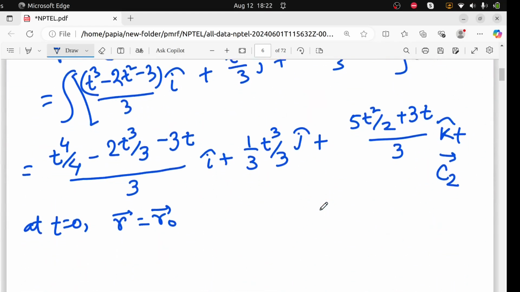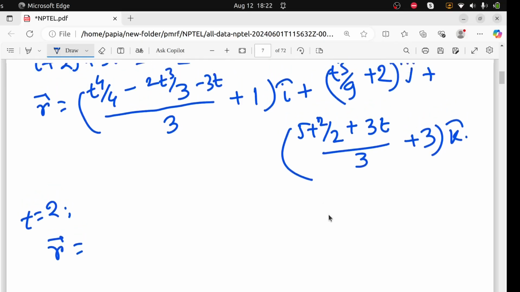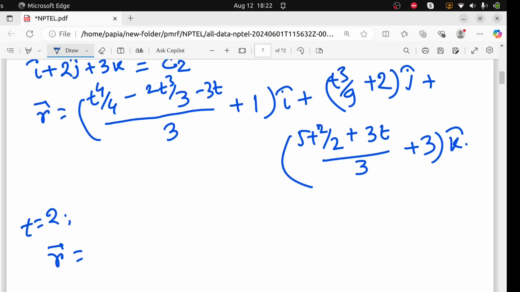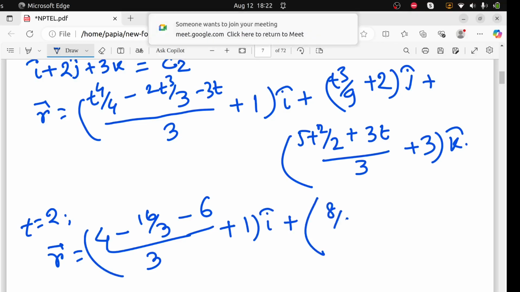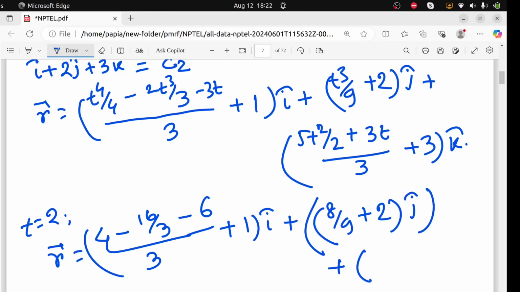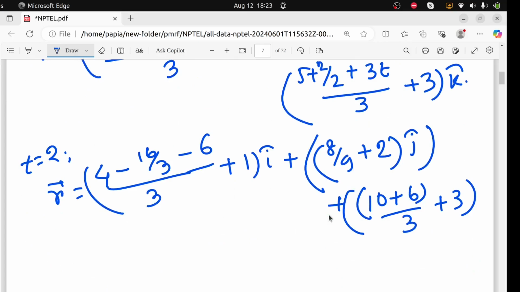Now coming to position at t equals to 2. If I put t equals to 2, 16 by 4 is 4, minus 16 by 3, minus 6 divided by 3, plus 1 i cap, plus 8 by 9 plus 2 j cap, plus 10, that is 4 plus 6 divided by 3 plus 3 k cap.